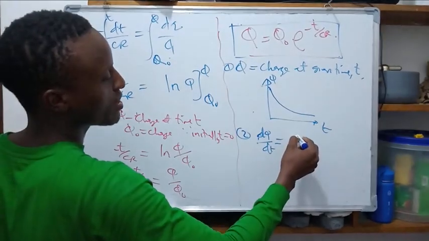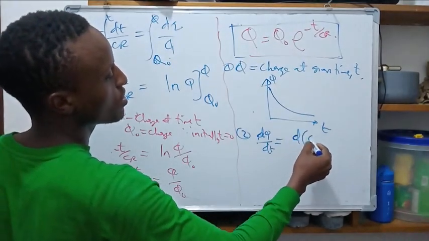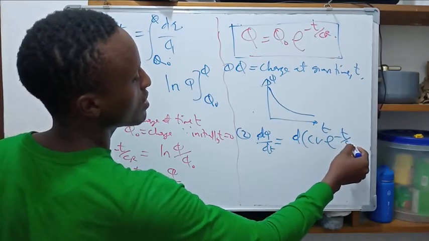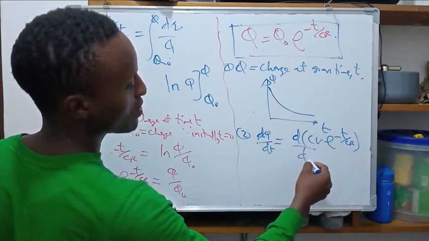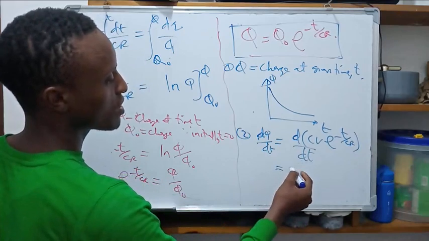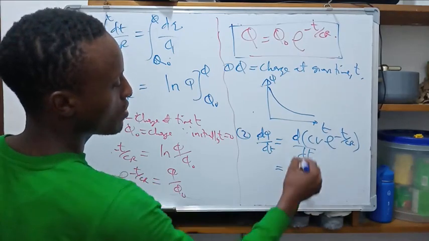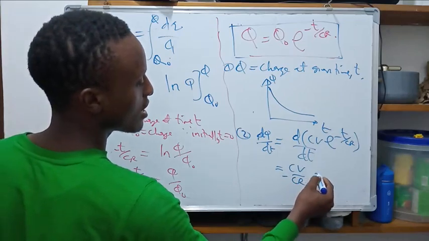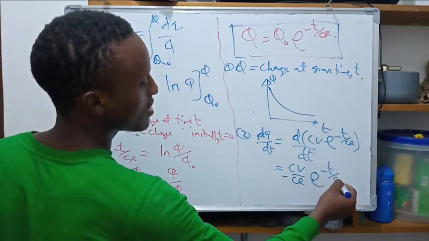So it's the differential of CV times e to the negative t over CR with respect to time. That gives CV times negative 1 over CR, then e to the negative t over CR.